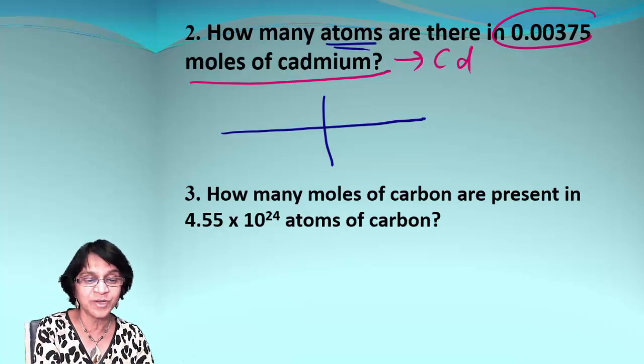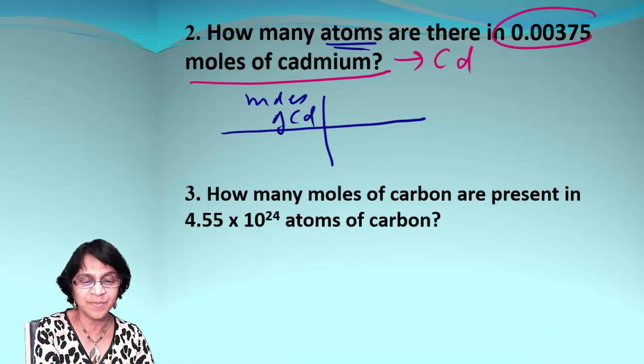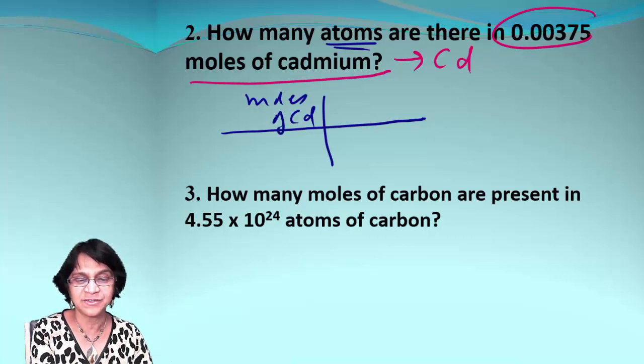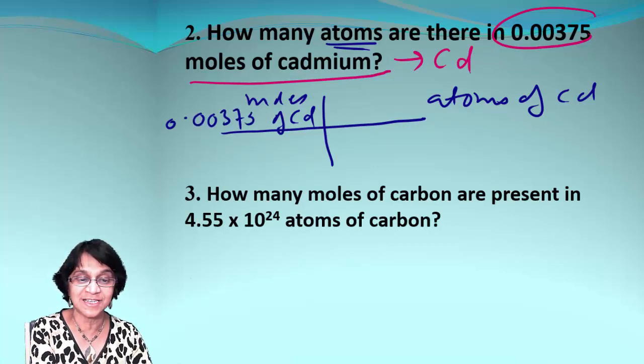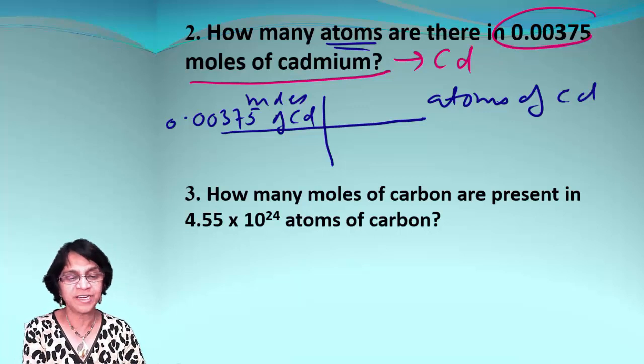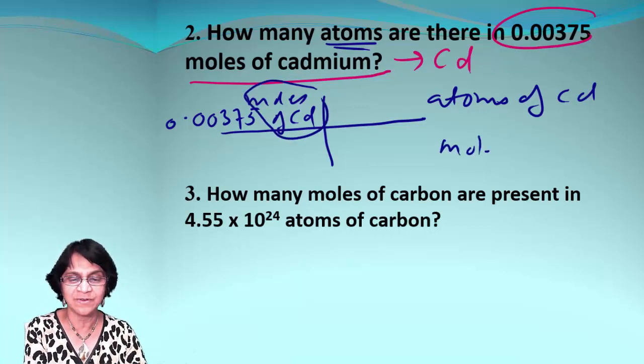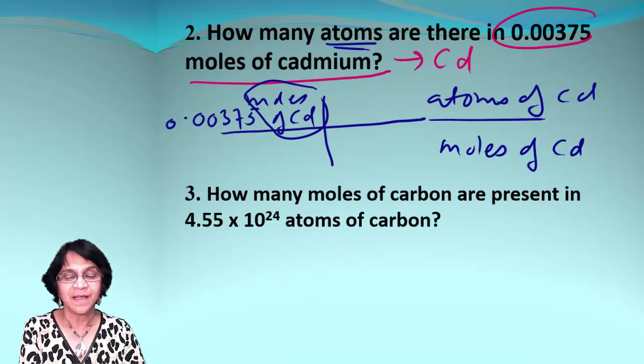So I am beginning with the moles of cadmium, and I need to go to the atoms of cadmium. So I'm going to begin with the given, which is 0.00375, and over here I need to crisscross cancel, so that means I need to have moles of cadmium coming over here. How do we put the values here?